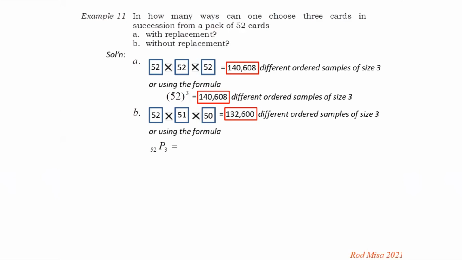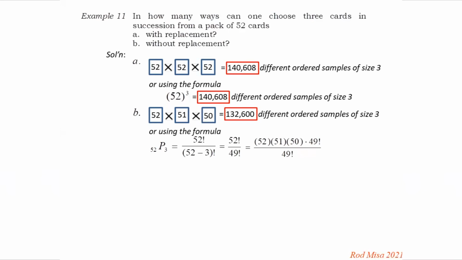And we know that using the permutation formula, this is equal to 52 factorial divided by 52 minus 3 quantity factorial. So 52 factorial divided by 49 factorial, because 52 minus 3, the difference is 49. And 52 factorial can be expressed as 52 times 51 times 50 times 49 up to the last whole number, which is 1. And that product from 49 to 1 is represented by 49 factorial.